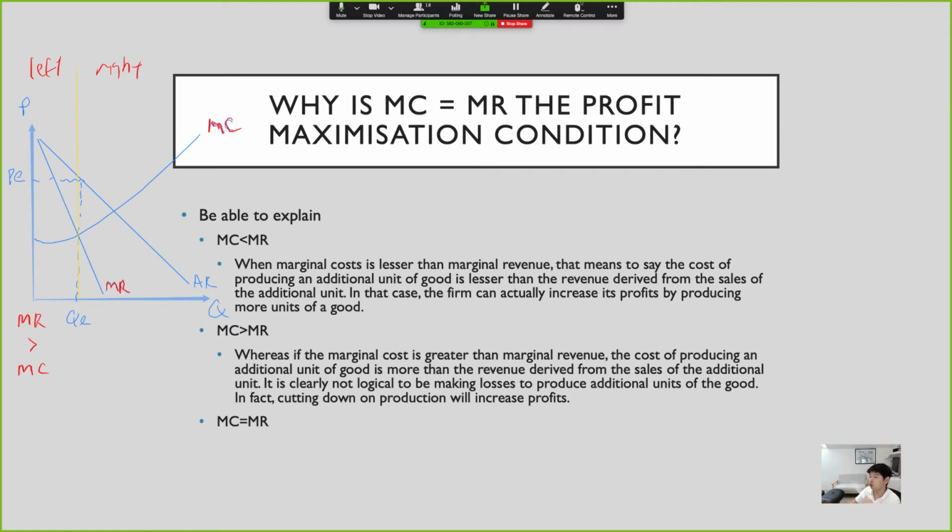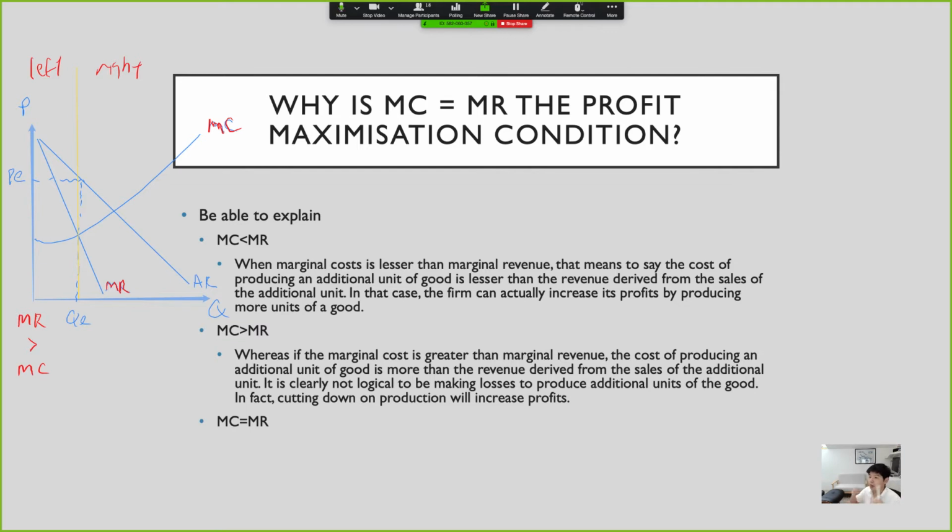Absolutely right, we should produce more. Why? Because for every unit of the good that I produce and sell, the money that I get from selling one extra unit is more than the cost of producing one extra unit. Of course, I should produce more and not less.